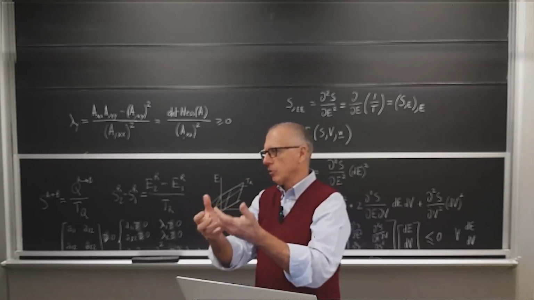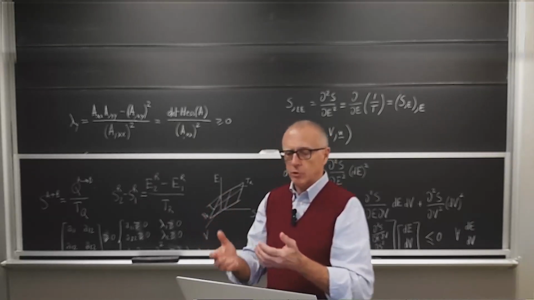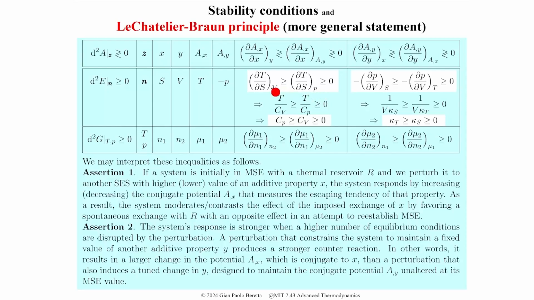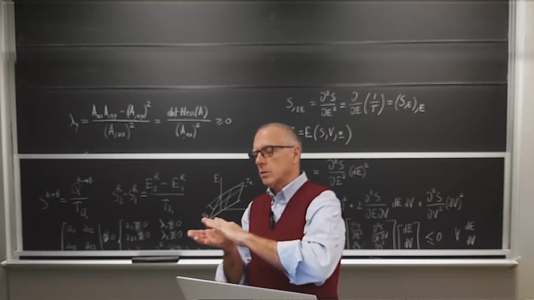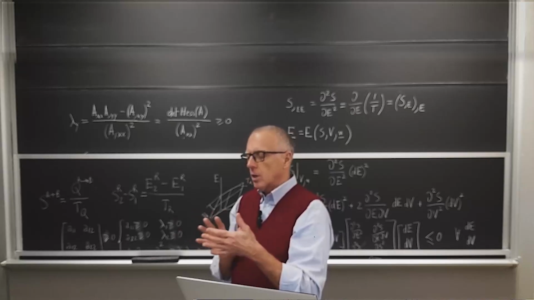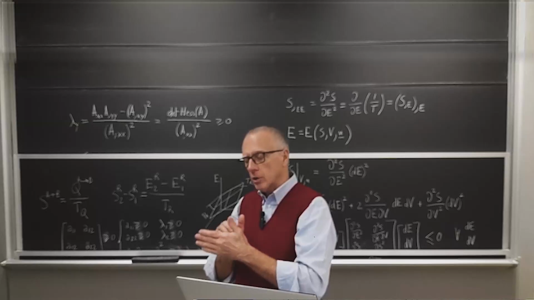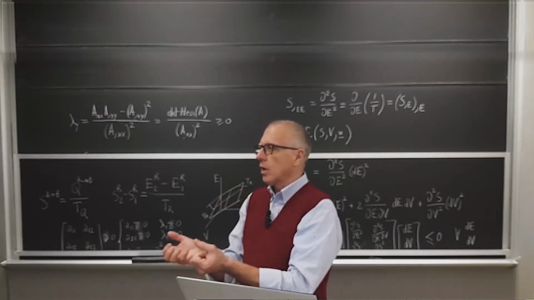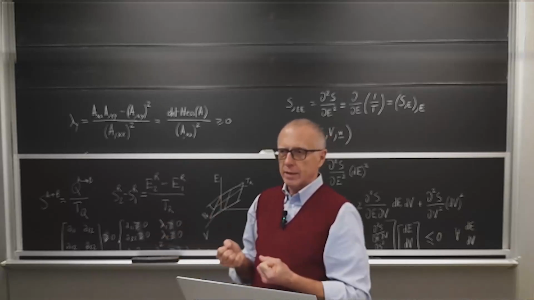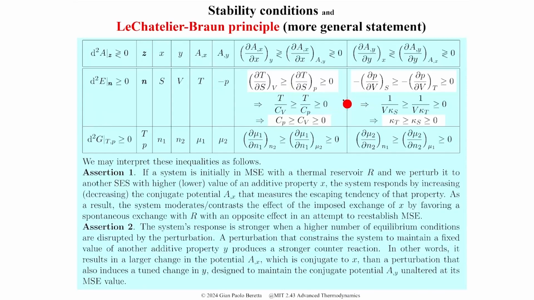So its reaction is softer. If you move it away so that also its pressure changes, like when you keep the volume constant, then you are touching two conditions of mutual equilibrium: equality of temperature and equality of pressure, and therefore the system reacts stronger, wants more to go back to equilibrium. This is the idea.